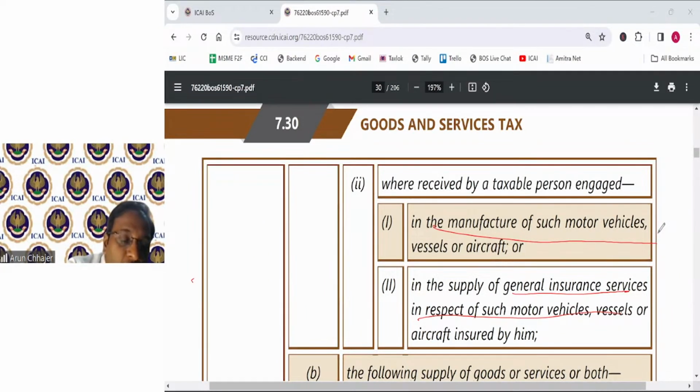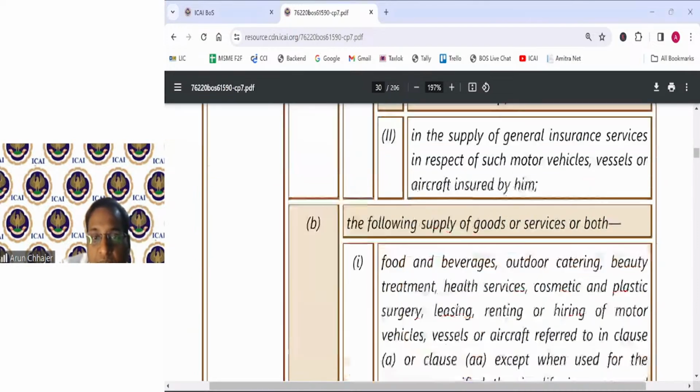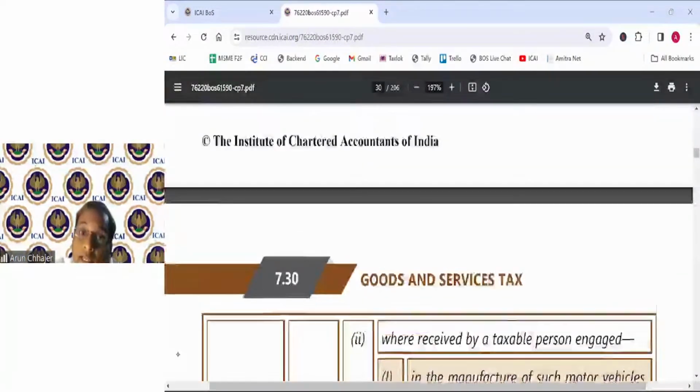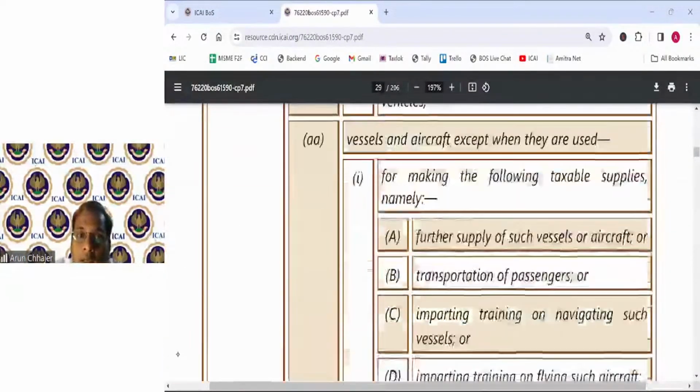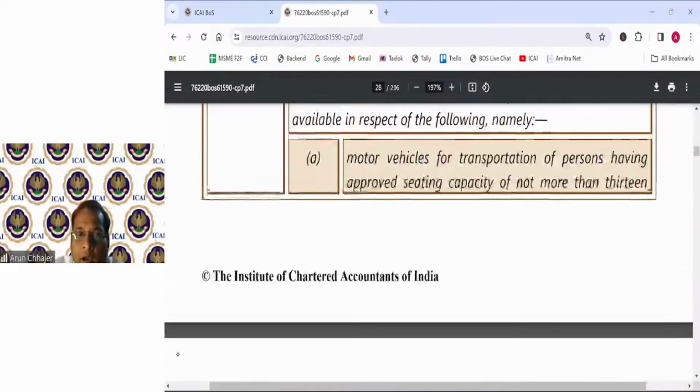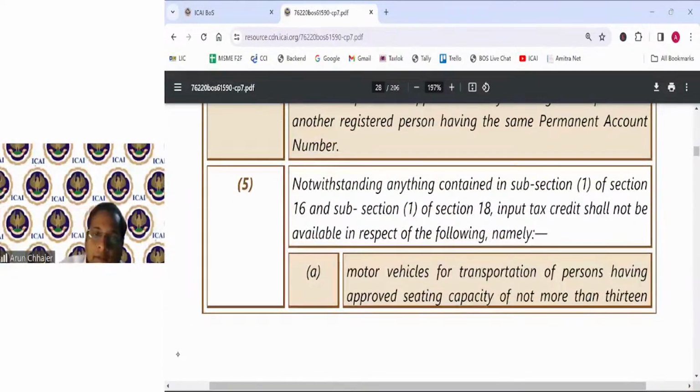Let's move to clause B. What is clause B? Clause B is saying the following supply of goods or services or both are blocked. Sir, 17(5) is talking about the block category. It says that ITC shall not be available in respect of the following items.